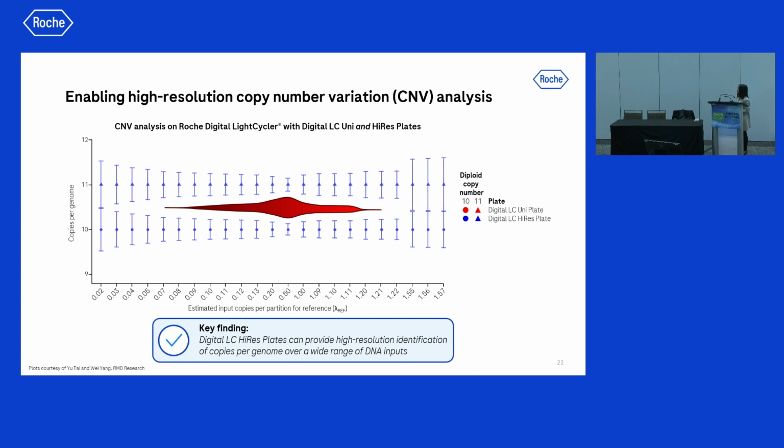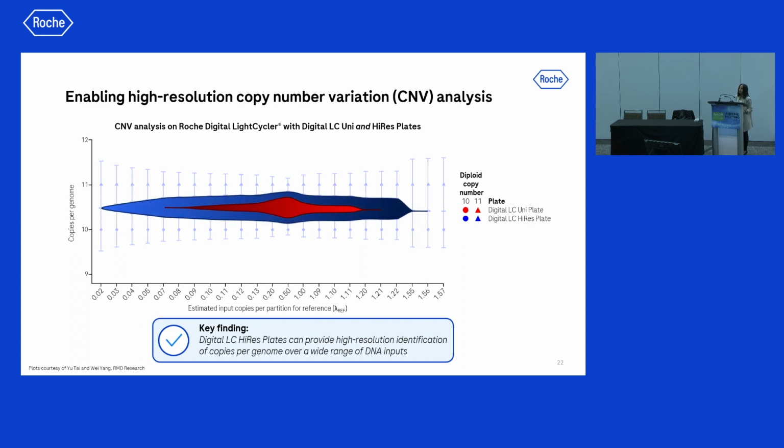And this is nicely showcased by looking at this blue-filled center region within this plot. So again, the take-home is that the Digital LightCycler high-res plate can really provide the high resolution that's needed to look at copy number variation across a multitude of DNA inputs.